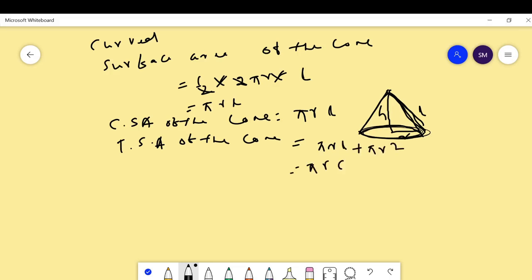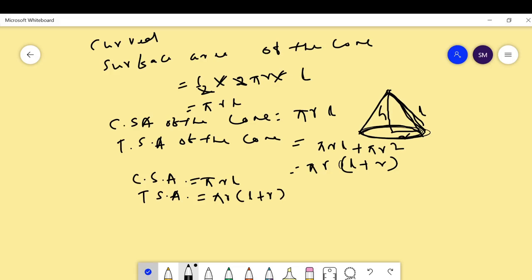Taking pi r common, this is pi r into L plus r. So the curved surface area of the cone is pi r L, and the total surface area of the cone is pi r times L plus r.